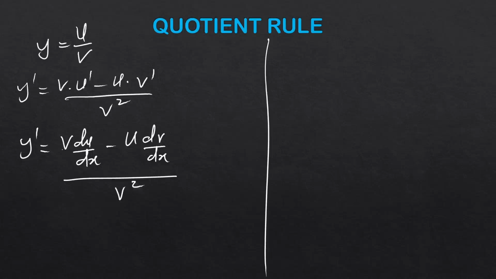Now, I want to sound this little warning to those of you, my friends. You must start with v. It's not going to be the same as the product rule, where I say it can be u or v, but this must be v. Why?